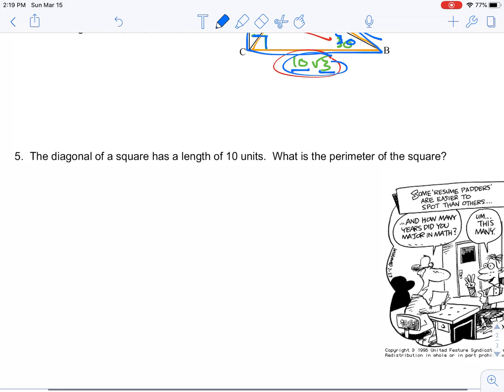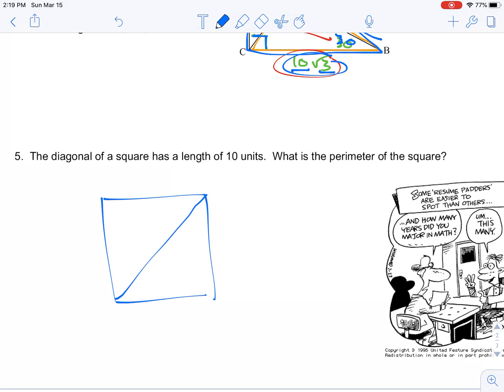And then the last problem is another square with a diagonal, which splits it into 45, 45, 90 right triangles. The hypotenuse this time is 10, or my diagonal is 10. And that's my x root 2 side. So if I divide both sides by root 2, I get x equals 10 over root 2.